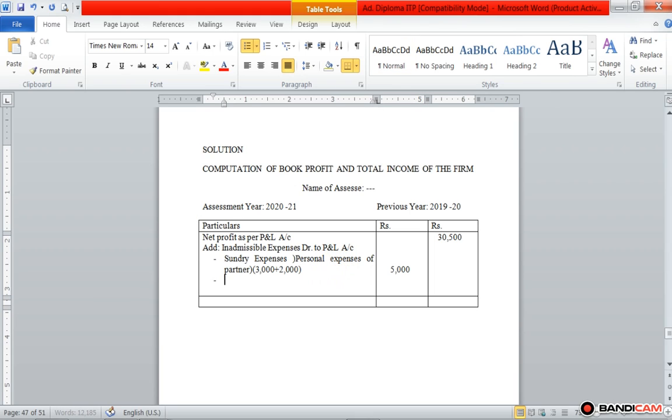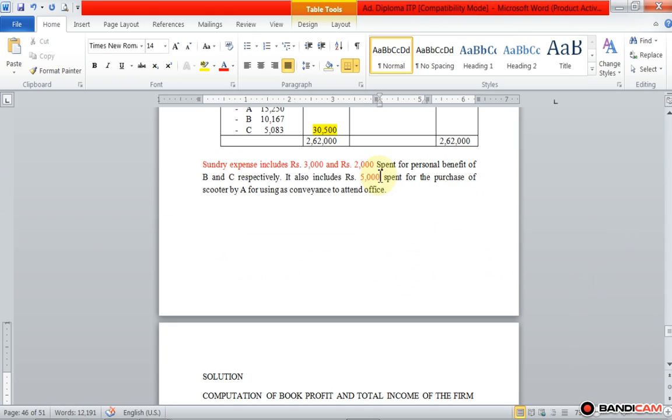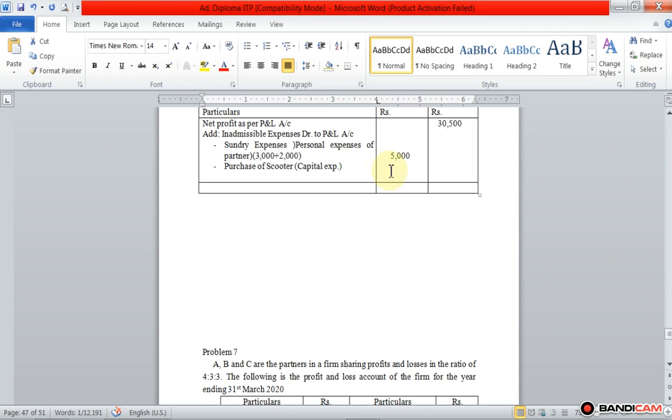Then the second one is purchase of scooter. It is a capital expenditure, and capital expenditure is not an allowable expenditure; it is disallowed, amounting to rupees 5,000, as given in the additional information. So add 5,000 plus 5,000, and the total is 10,000.